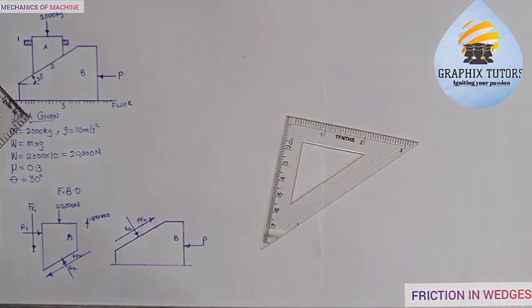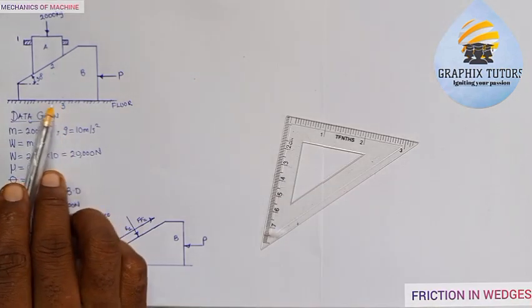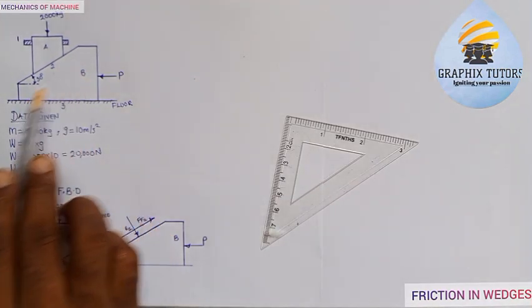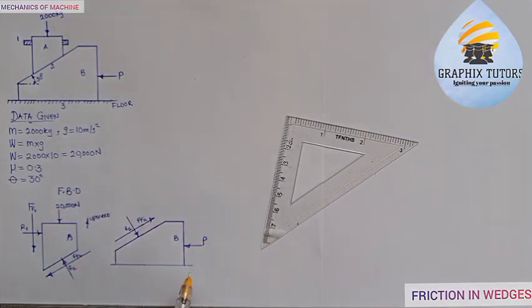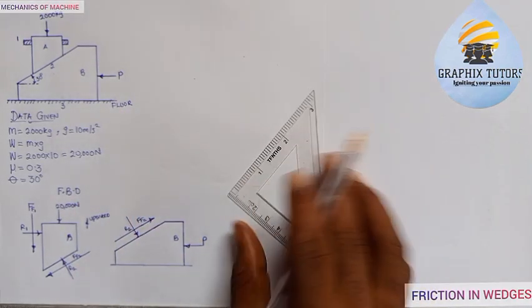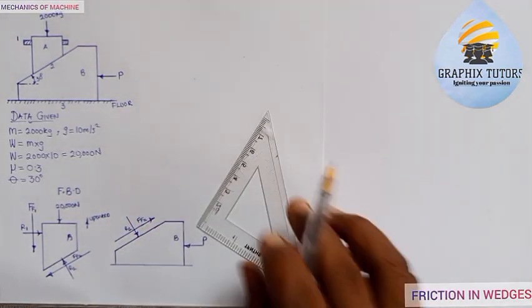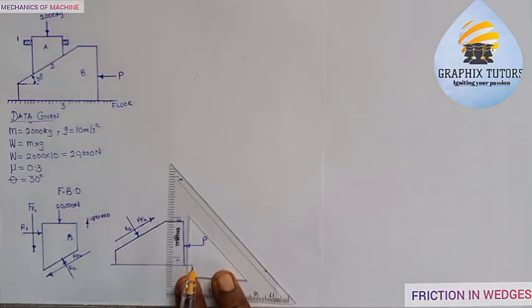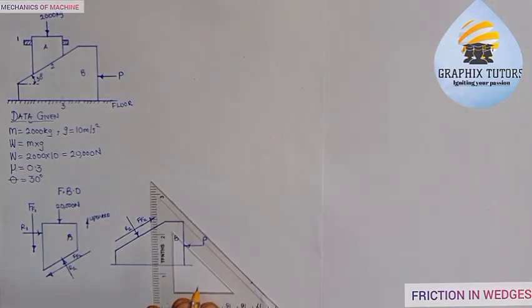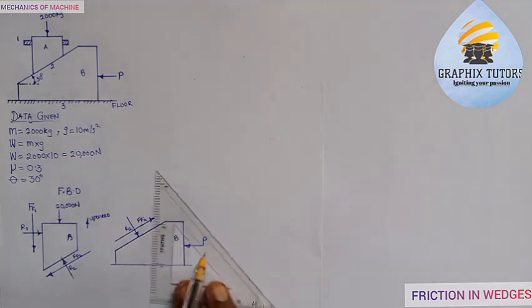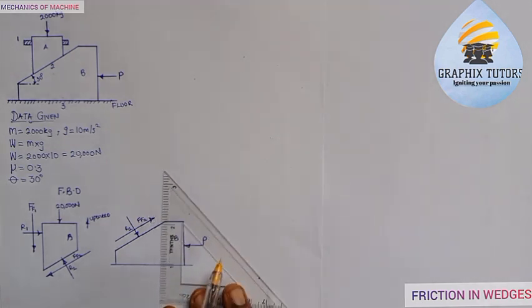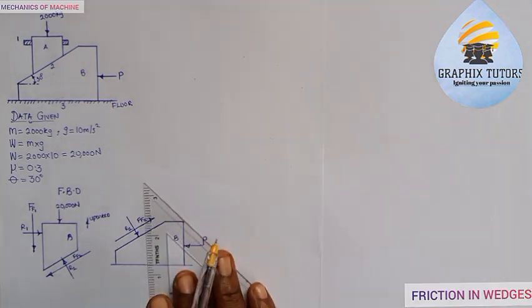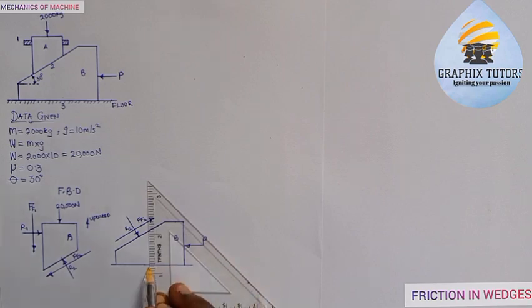Now, similarly, this is another surface in contact again. Wedge B is in contact with the ground floor here, right? So there will be a frictional force acting, a reaction. Wherever there's an action, rubbing is the action, there will be a reaction acting perpendicular to that surface.